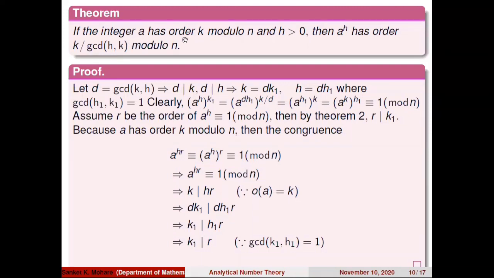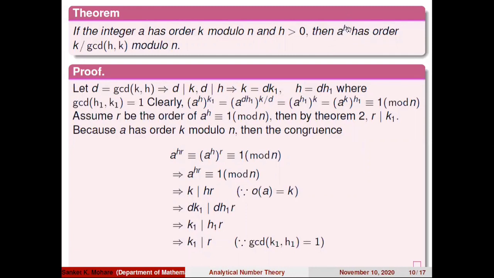Suppose 2 to the power something, as in the earlier example, we found the order of 2 is 3 modulo 7. Suppose 2 cube is congruent to 1 modulo 7, so the order of 2 is 3 here. Now if I have to find the order of 2 to the power 6, how could I find it?